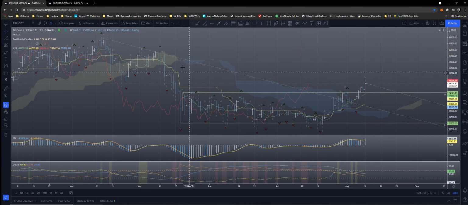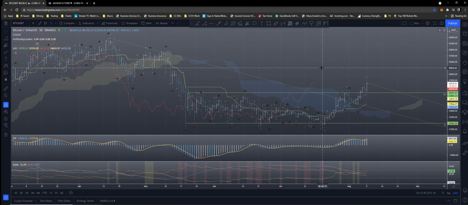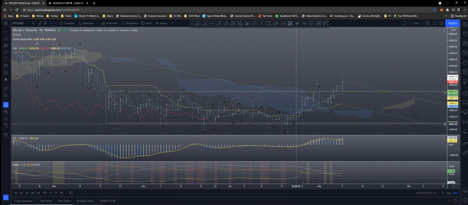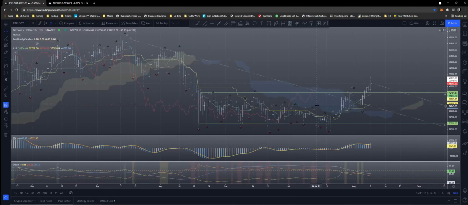Another thing to watch for, levels where you get your golden crosses, death crosses, so to speak, on your Ichimoku. So there's going to be sensitivity if price revisits this level. Let's call it 35.1. Not only did they travel together, but that was a point they crossed.